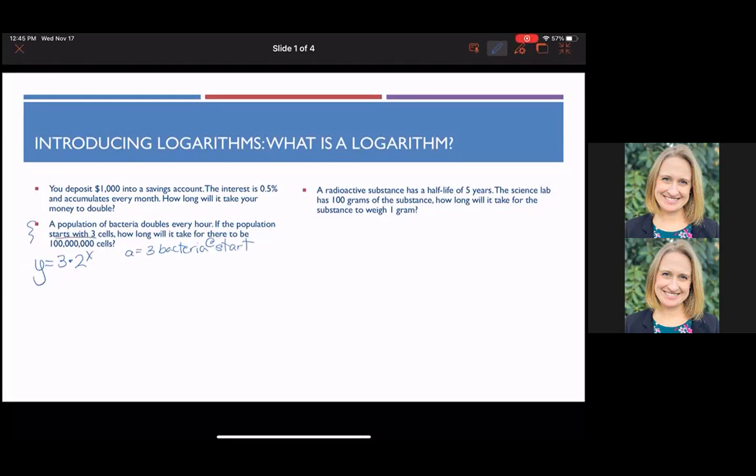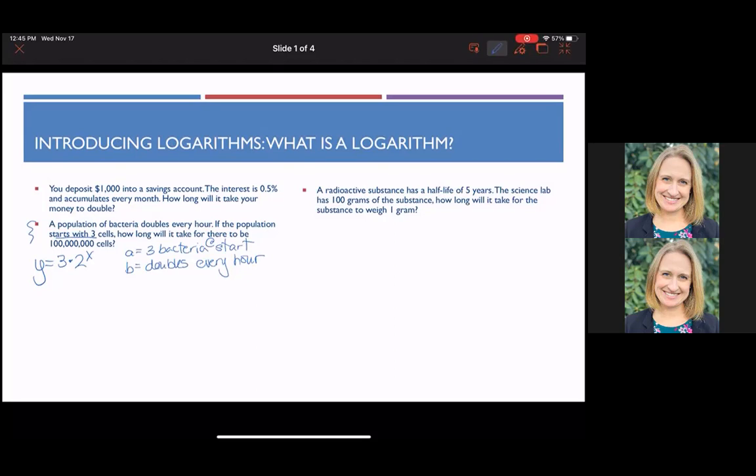And then our B, which is our rate of growth, is that it doubles every hour. So that's where we get that 3 and the 2 in this equation here.